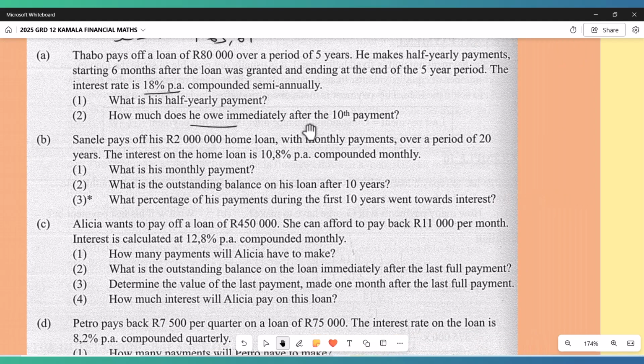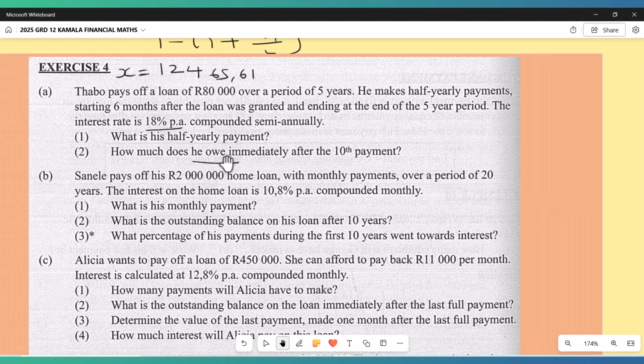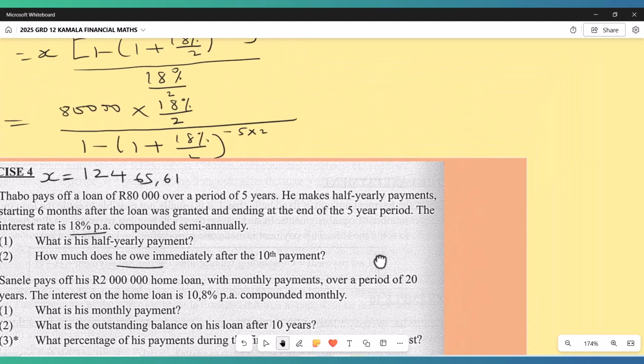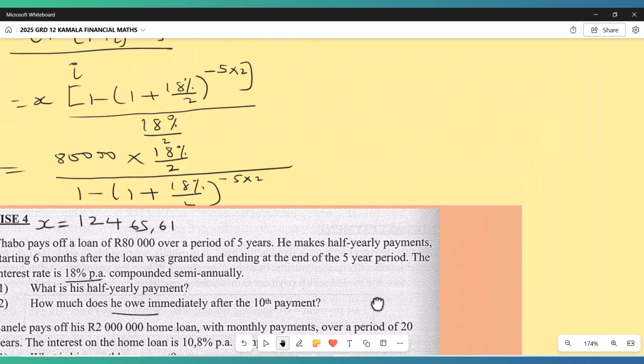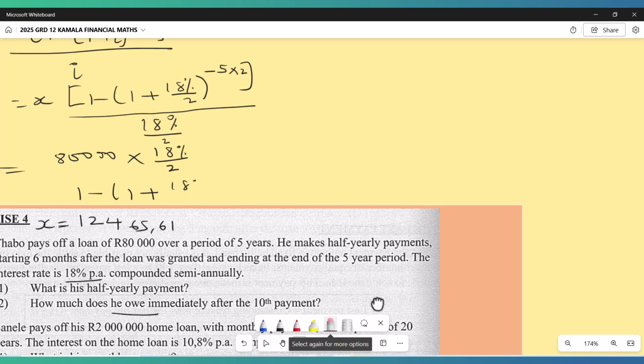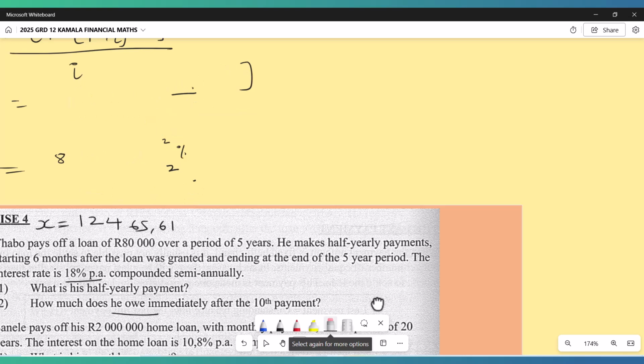They're saying, how much does he owe immediately after the 10th payment? Now remember, he borrowed the loan.